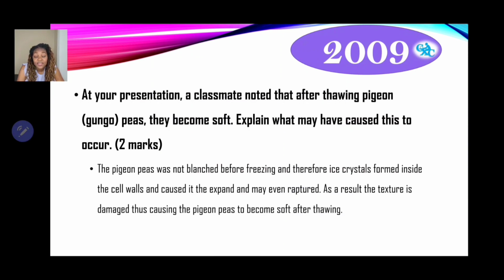Good. And therefore, when these ice crystals have melted, you notice that the vegetables are soft and soggy, and in most cases enzyme action takes place too because they weren't blanched. All right, so you may notice that they look a little brown.